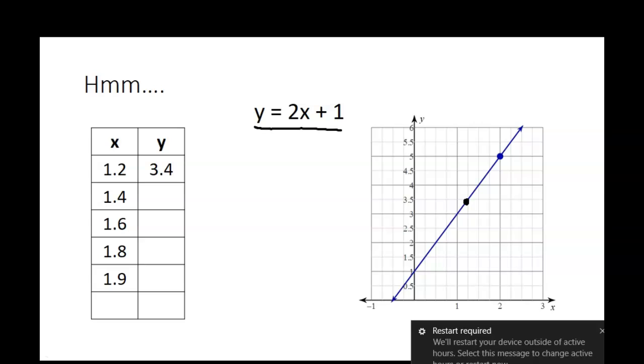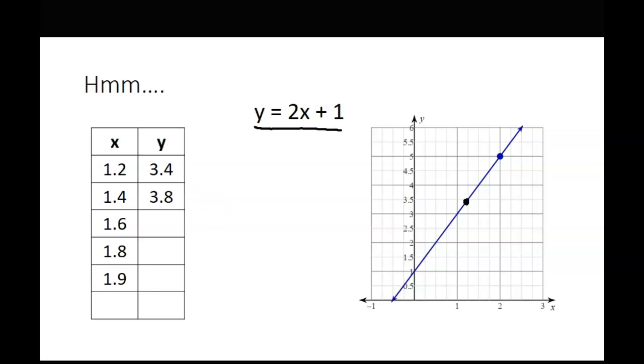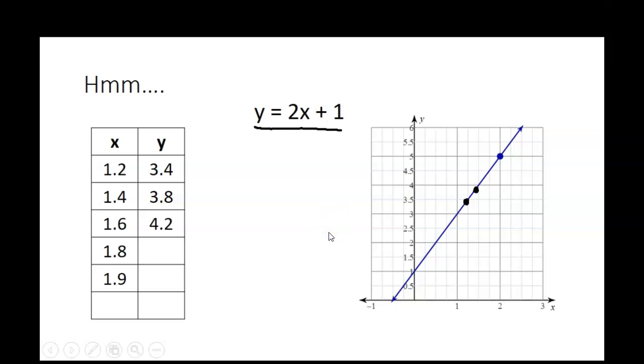Okay, let's continue that process. How about 1.4? 1.4 and 3.8. So 1.4 is going to be like here, 3.8 will be like right about here-ish. And I'm just going to continue the process.